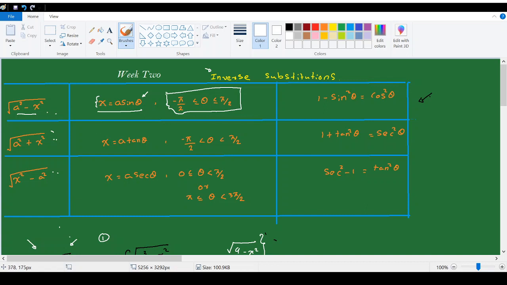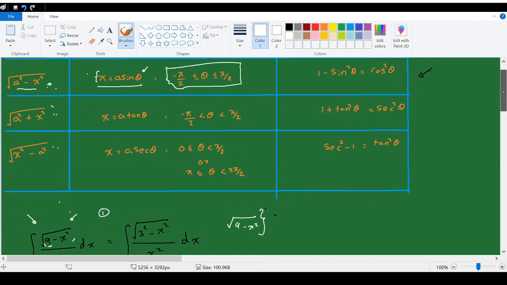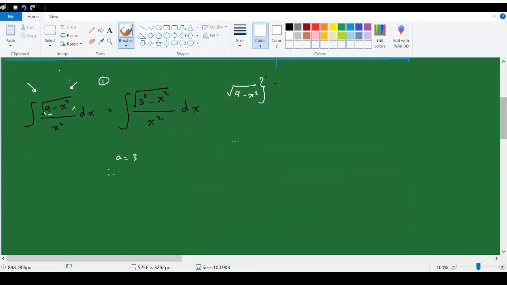As we have a standard substitution for this category, we go ahead and use it. Here a is equal to 3, therefore according to the table x equals a sine theta.